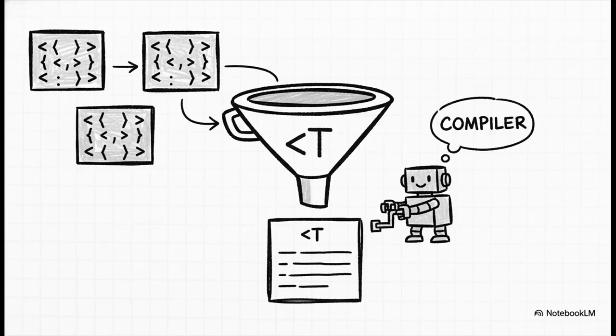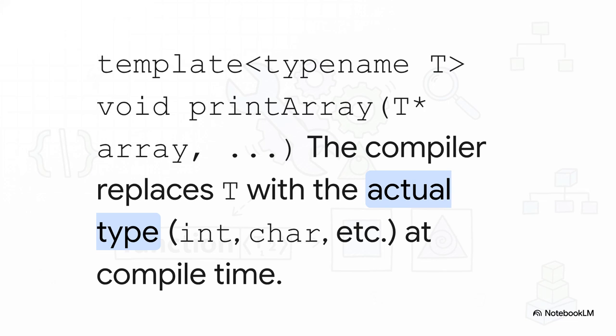And boom, this is where you really see the power. All those separate, nearly identical functions we had before, they just collapse into one single, elegant function template. We write the logic just one time, and the compiler does all the heavy lifting for us. It automatically creates the specific versions we need, for integers, for characters, whatever, the moment it sees us using them. And here's what that code looks like.